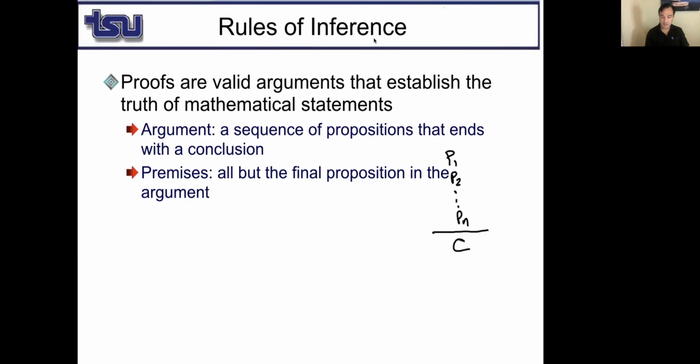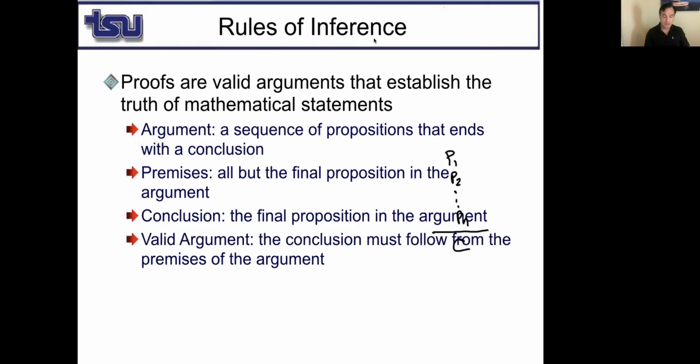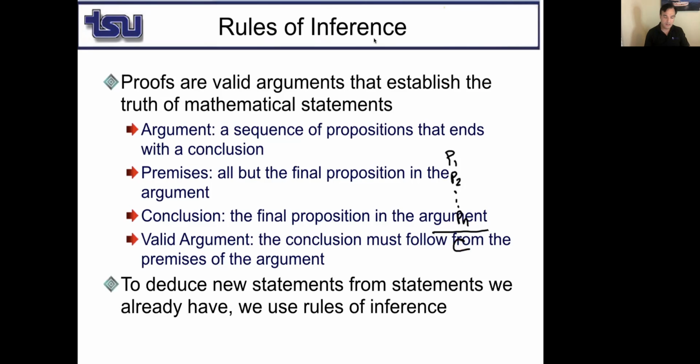The final proposition is called the conclusion. And if the conclusion follows from the premises, that means if all premises are correct, the final proposition is correct, that's called a valid argument.